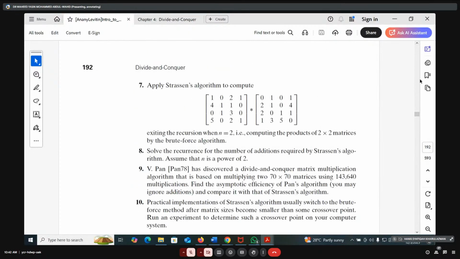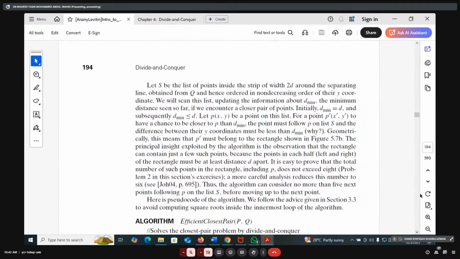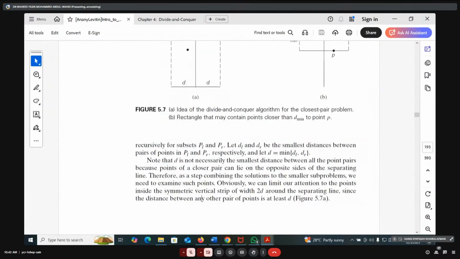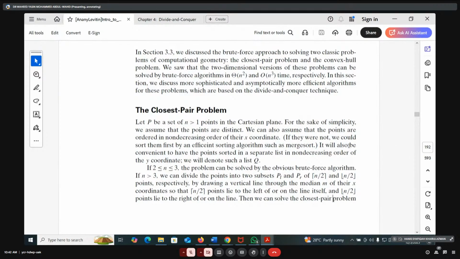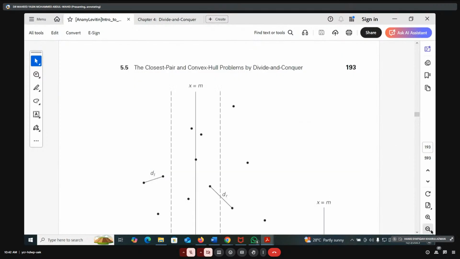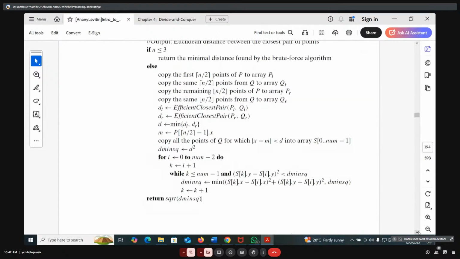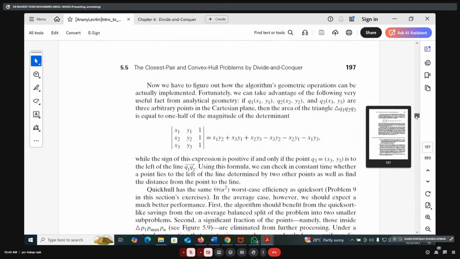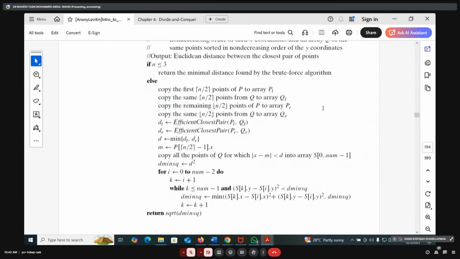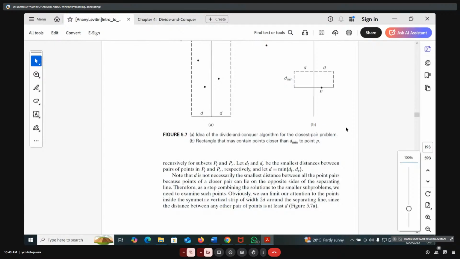Why does it come like this? It will become like this.